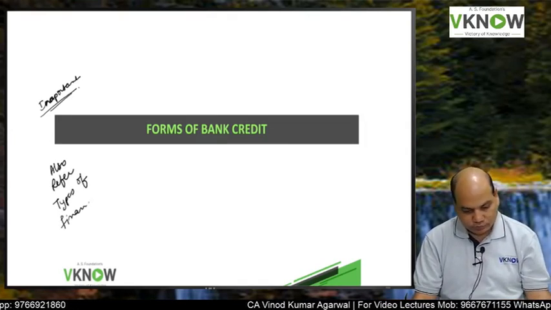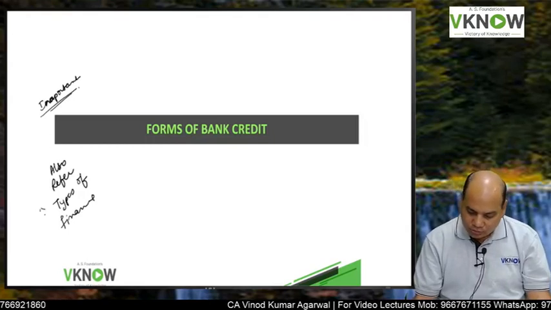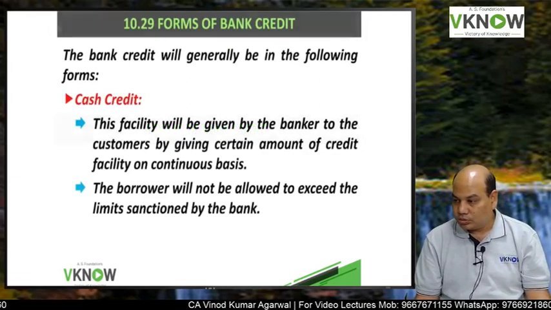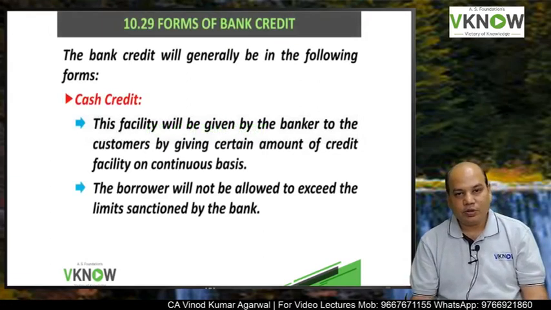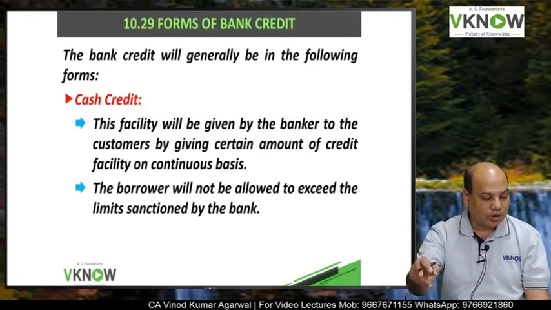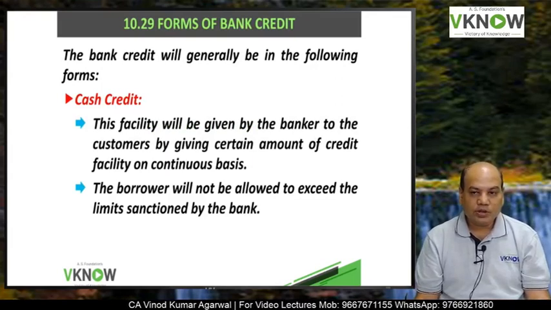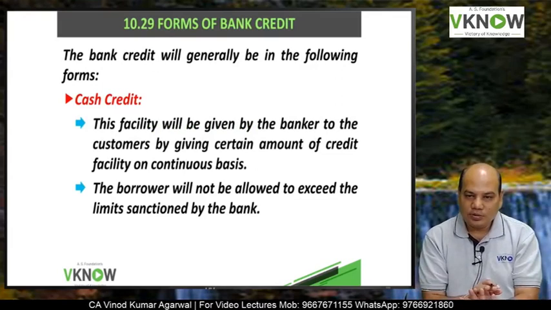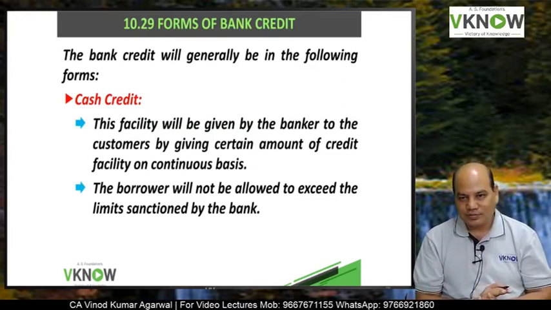Understood? So that you can answer. And as a good student, you should know different forms of bank credit. When you pass the exam and go to interview, some of the interviewers ask this basic question, and many students are not able to answer.